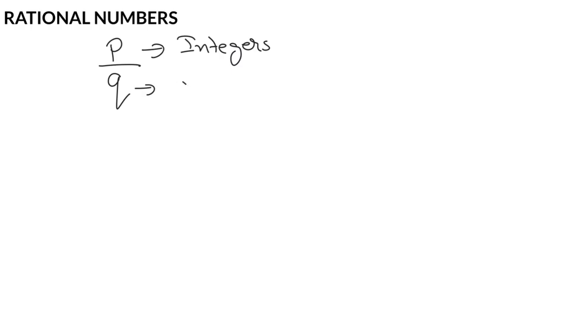And Q is an integer, but Q cannot be equal to 0. That makes sense, because you cannot have a denominator as 0, because you can't divide something by nothing. So what are rational numbers? Rational numbers are numbers that can be written in the form P over Q, where P is an integer and Q is an integer, but Q cannot be 0.